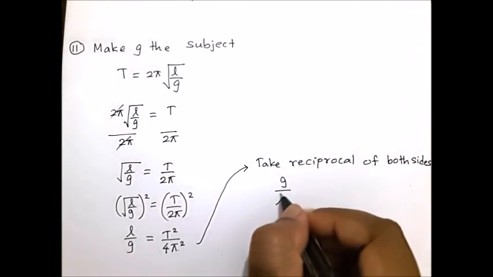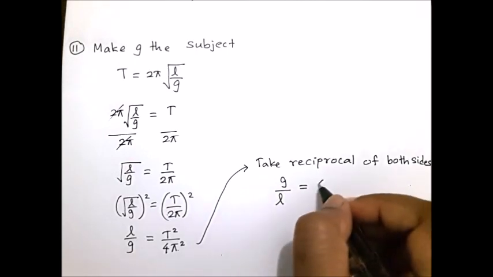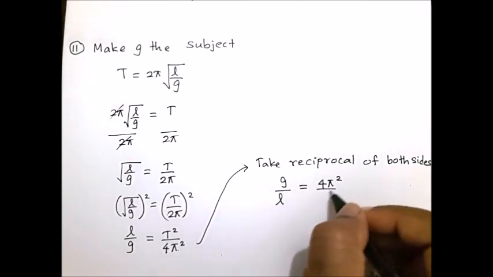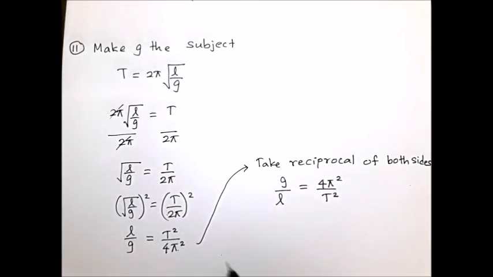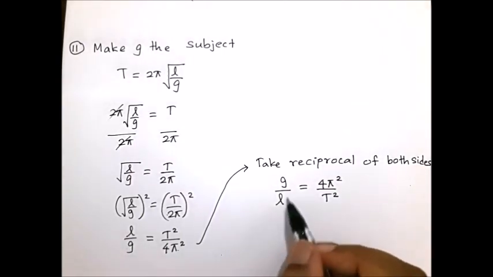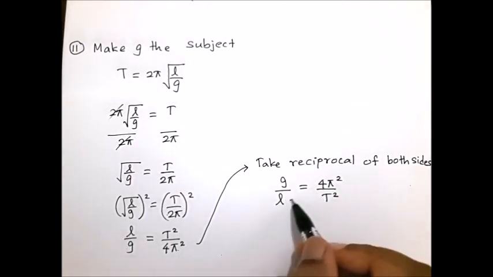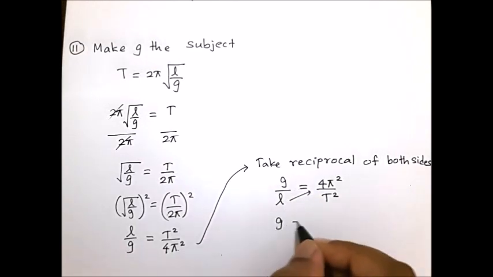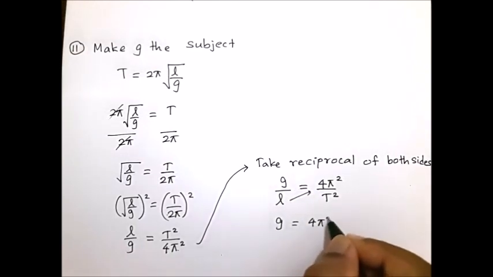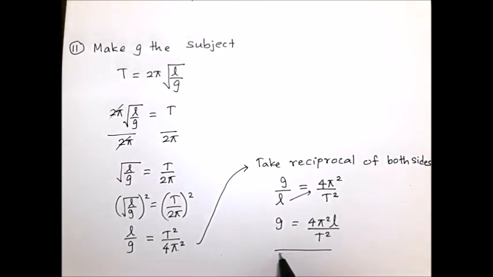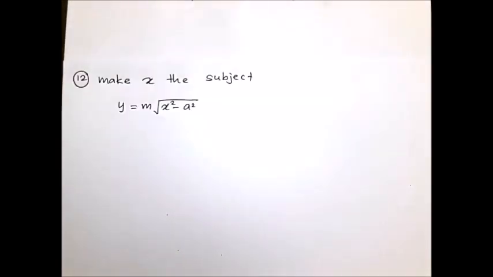G divided by L. Right hand side, 4π to the power 2 divided by T to the power 2. Reciprocal means you have to swap the numerator and denominator of both sides. Now you can remove L by cross multiplication. Take L here. G equals 4π to the power 2 L divided by T to the power 2. This is the answer.